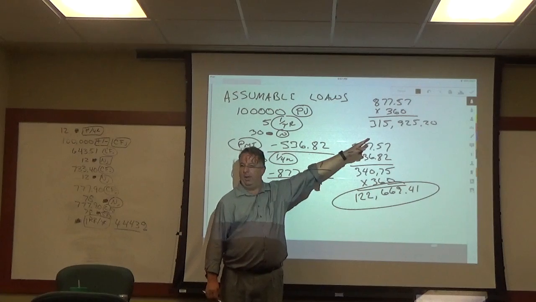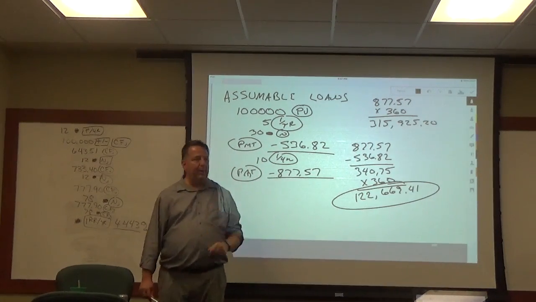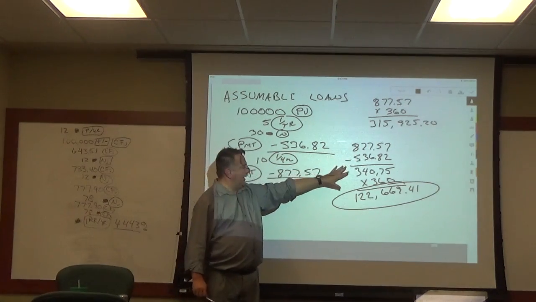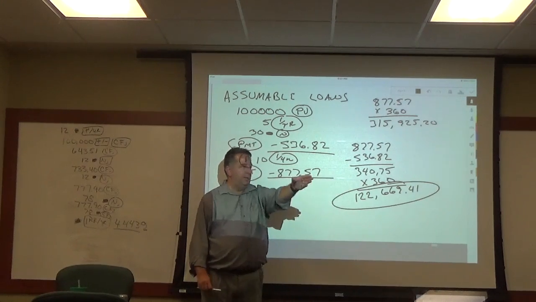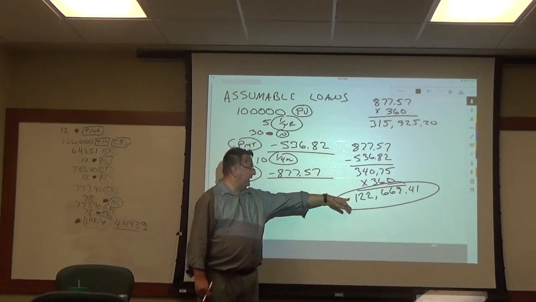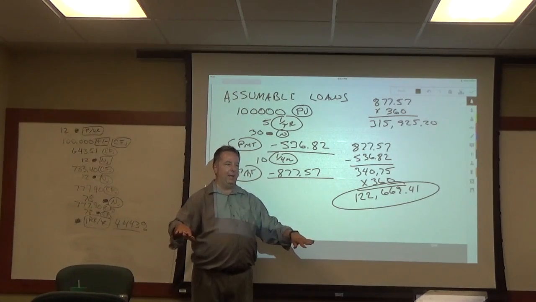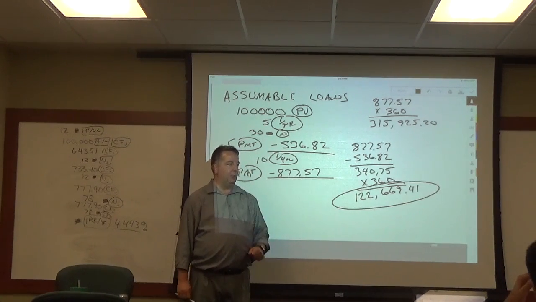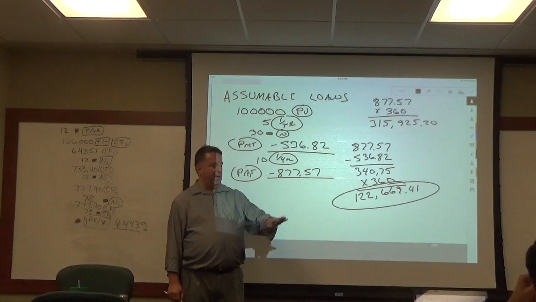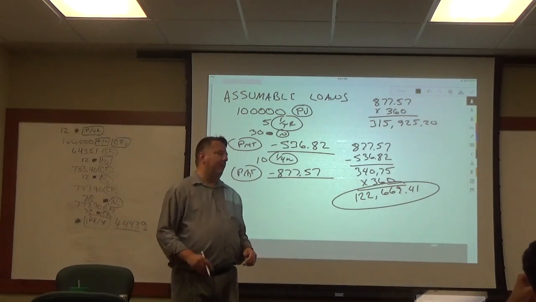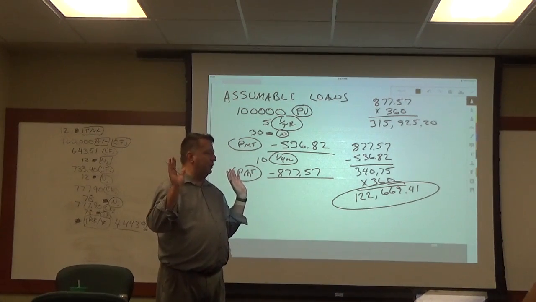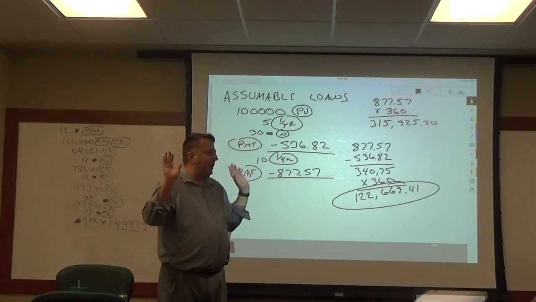Yikes. So my point is, getting back to this example, Dustin's going to save potentially $122,000 in cash out of pocket if he's able to assume Bridget's loan. Now that's assuming that Bridget just says, I'm a nice person, I'm going to let you assume my loan, I'm not going to charge you anything extra.